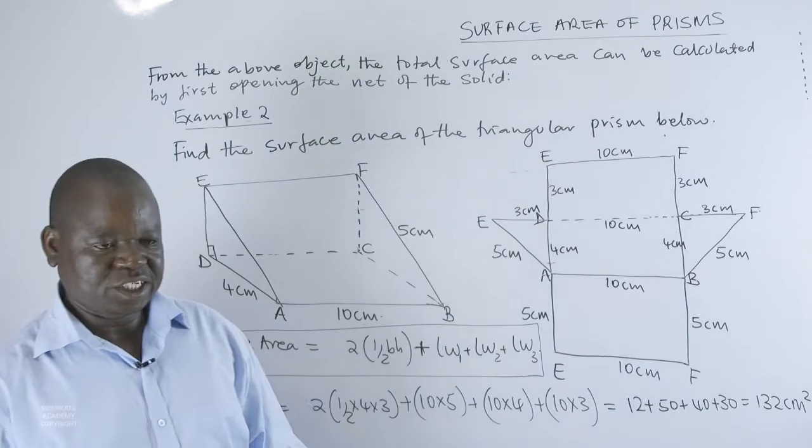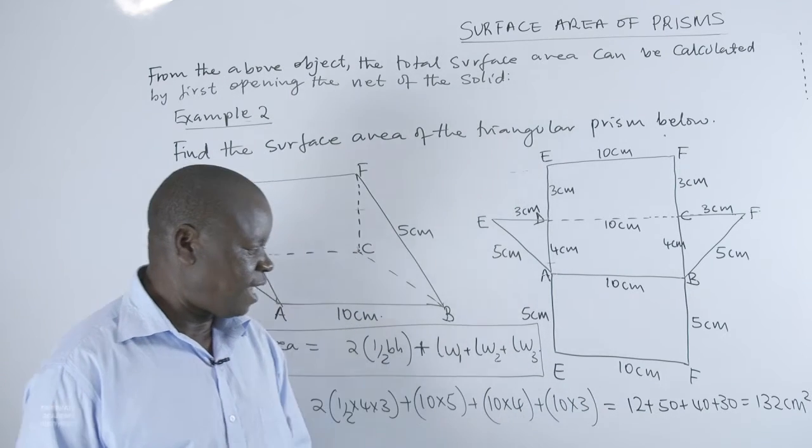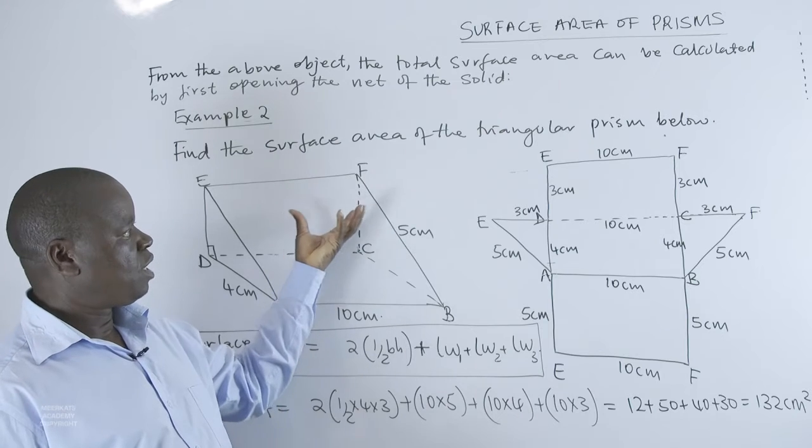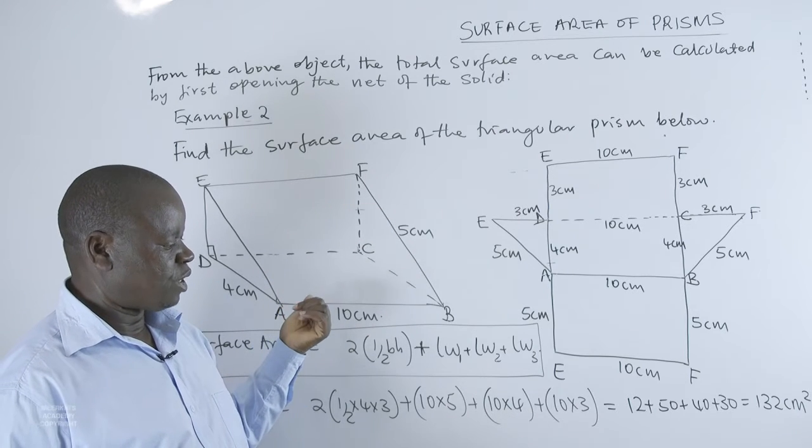We get 132 centimeters square as the surface area of this particular triangular prism.